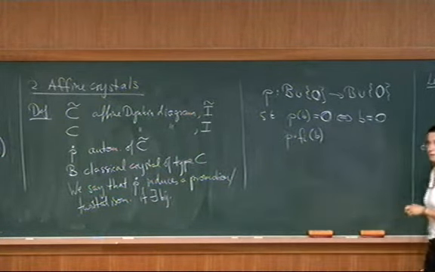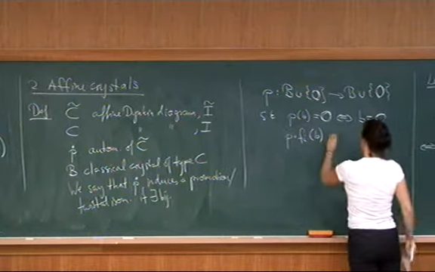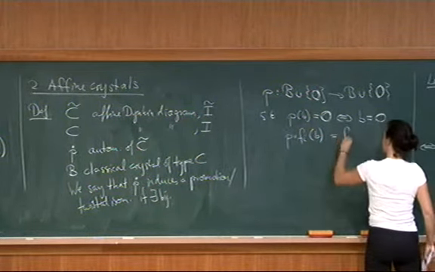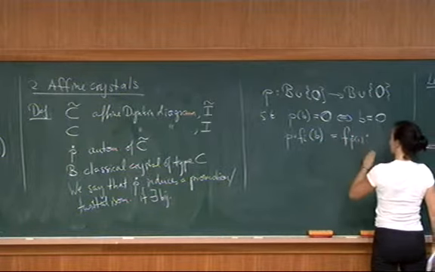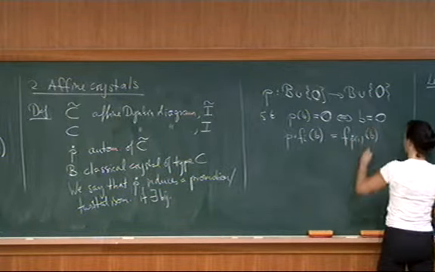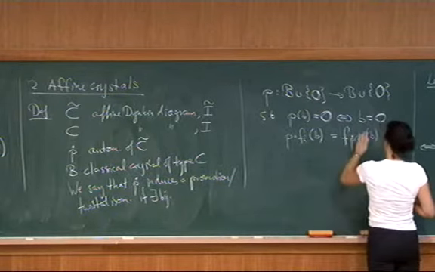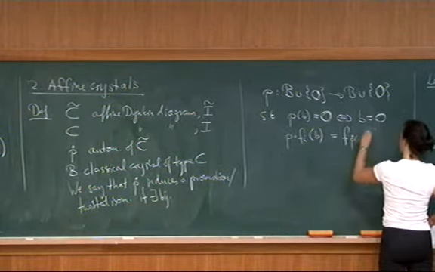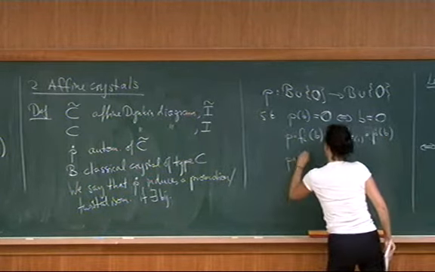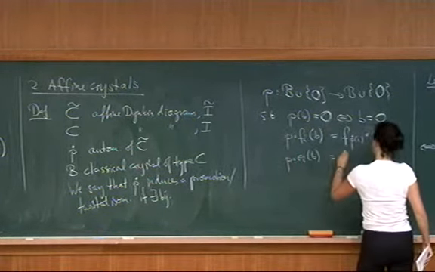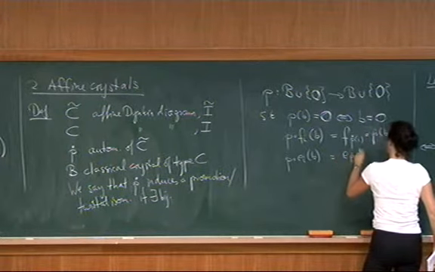And then under this P, the Fi's behave as follows. Namely, we get F P dot i of B equals P of Fi of B, and then similarly for the Ei.